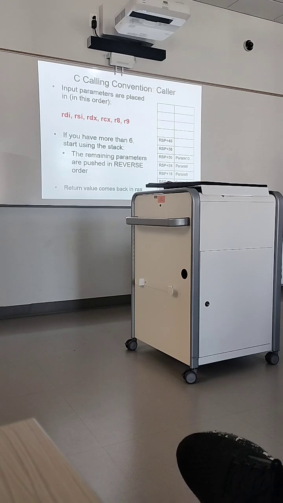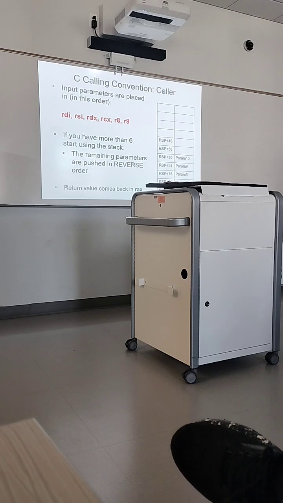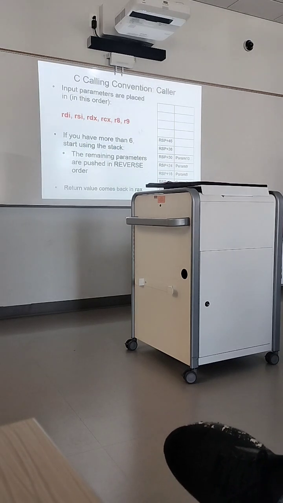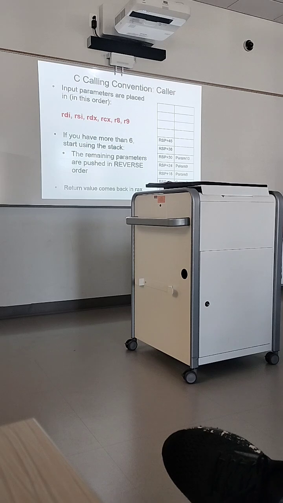So the first value goes into... This is the stack. It's the result of having pushed 4 items on there and then having pushed the return address on there. And so now the top of the stack is here.